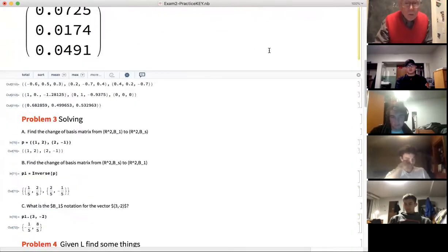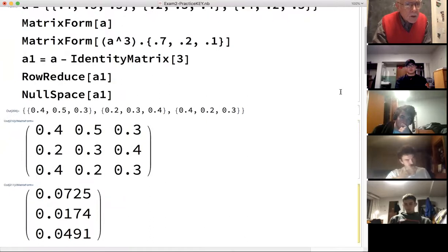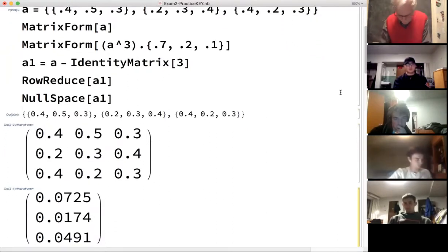And then I think the next question, what do we do next? Oh, the next question in that problem was to find the steady state vectors. So for the steady state vectors, I want to look at A minus the identity matrix.